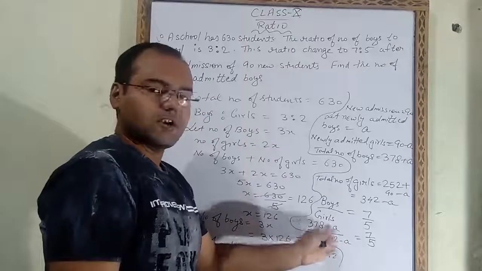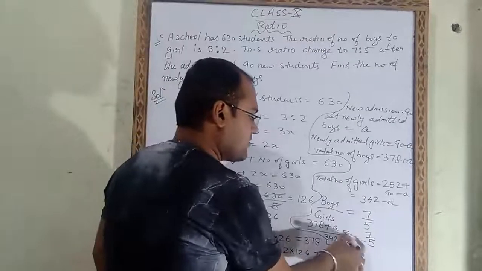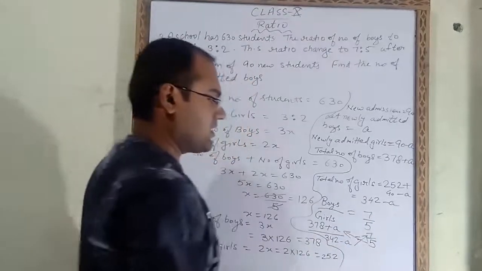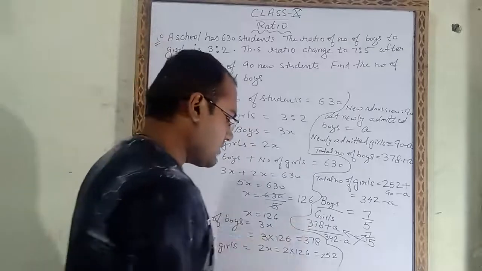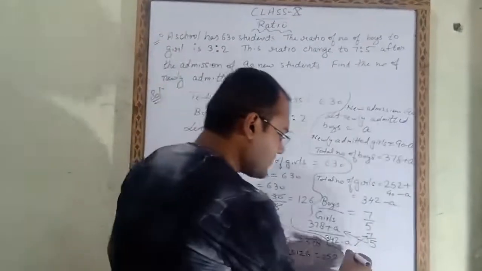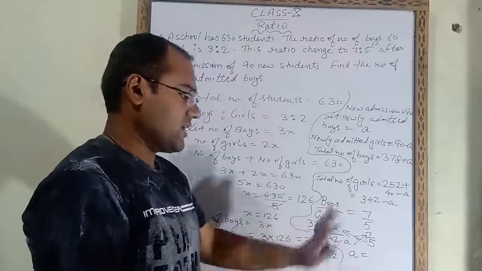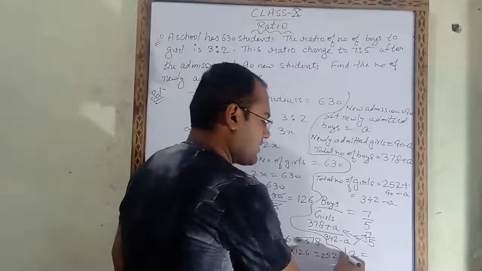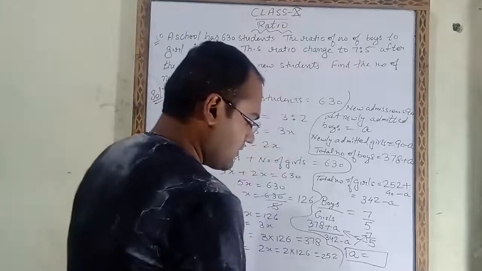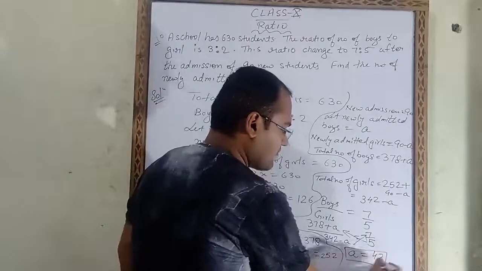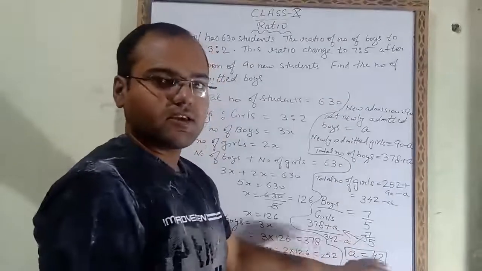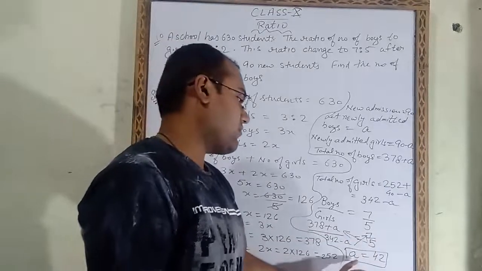Now you have to cross multiply it. We bring the 5 here to multiply and this one here to multiply. On solving it, we will get the answer for A. The answer for A will be 42. After cross multiplying and solving, the final answer for A is 42.